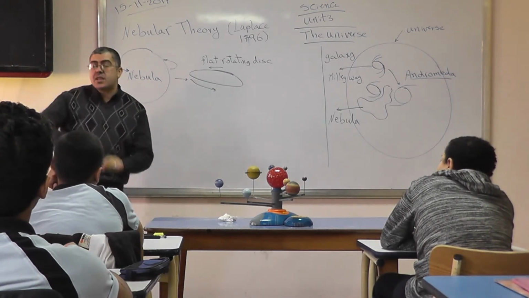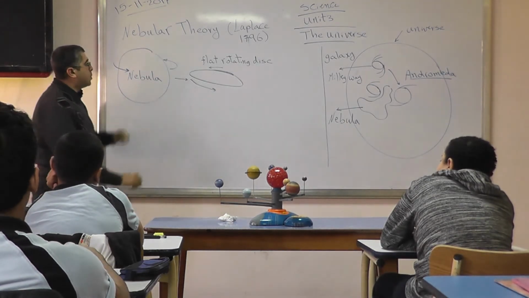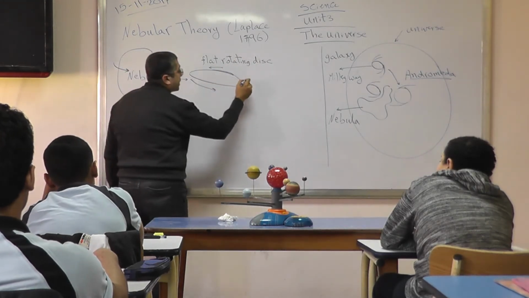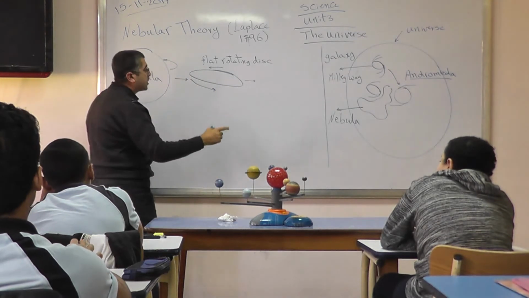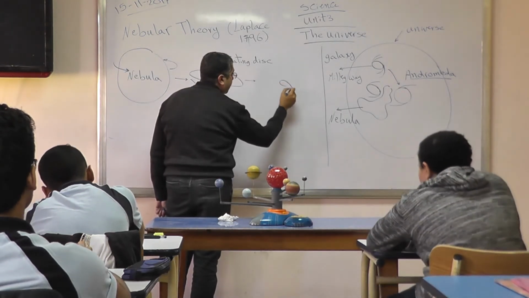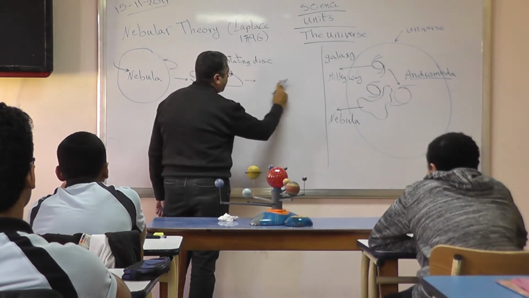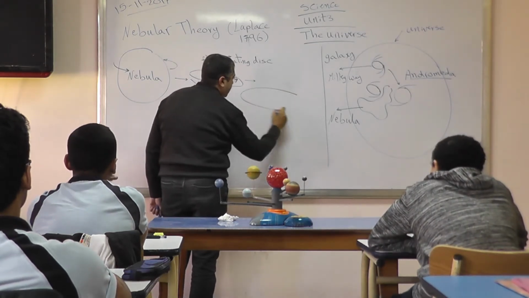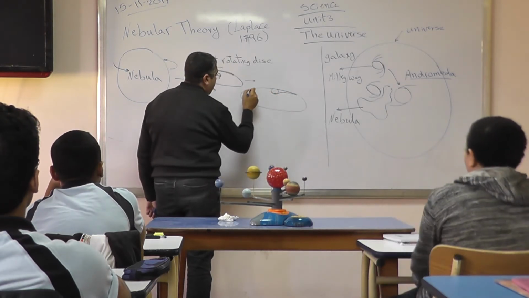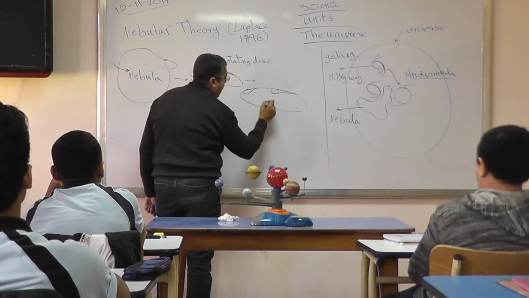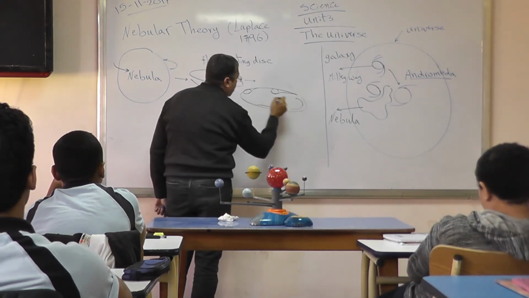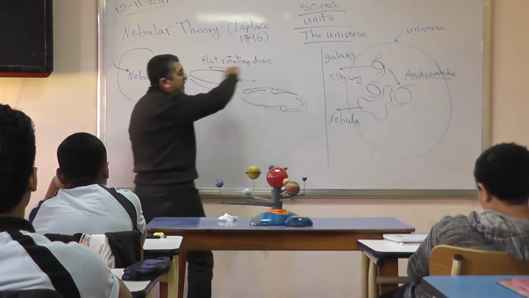So we have the flat rotating disk, and after some time, cooling and condensation form a shape like this, with other parts here and here, to make the shape of our planets.